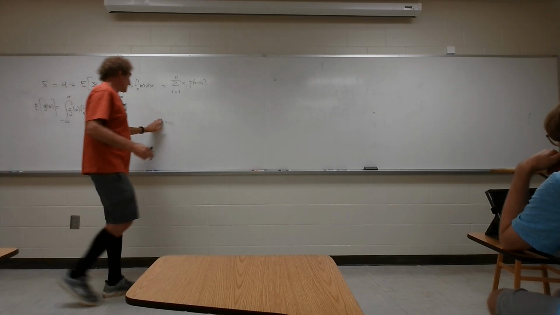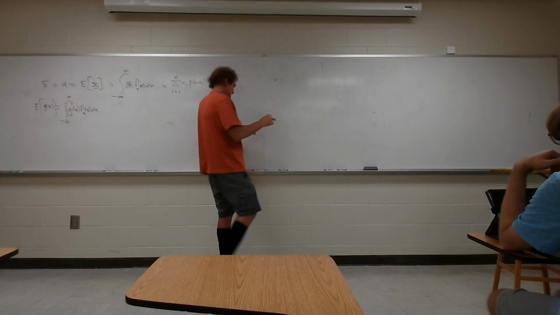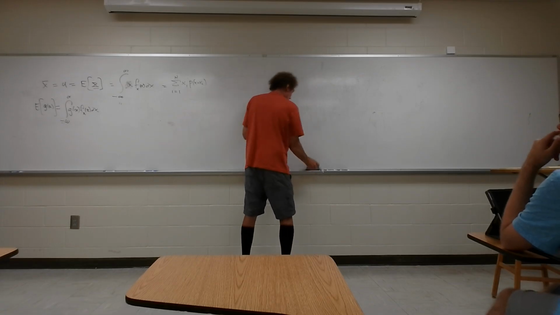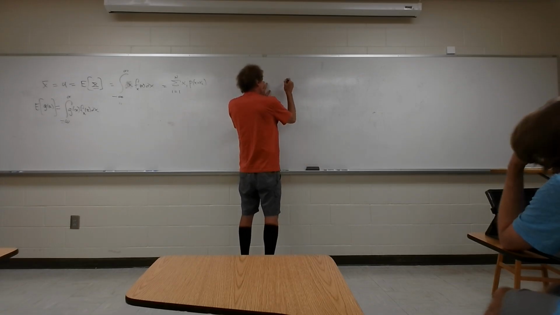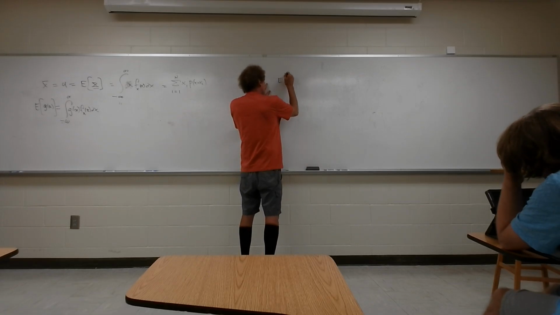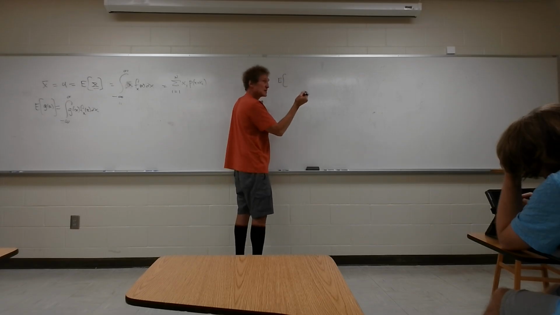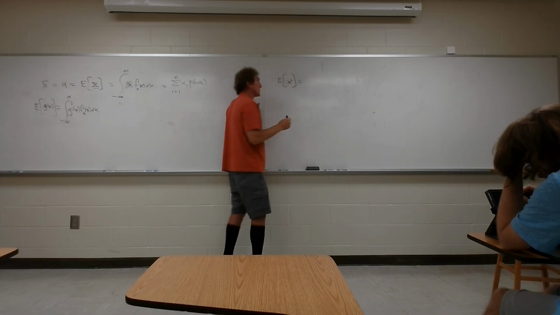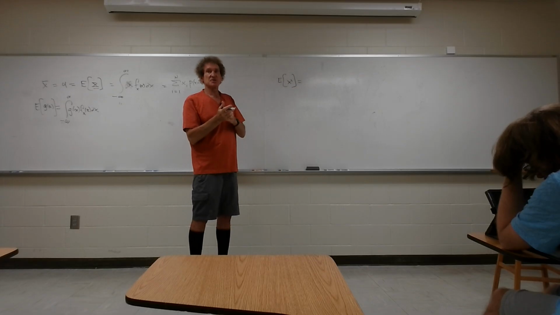The next value, after the mean of x, is called the mean squared value. It's the expected value of, and I want you to see this, x squared. Follow me? Now the function g of x is x squared.